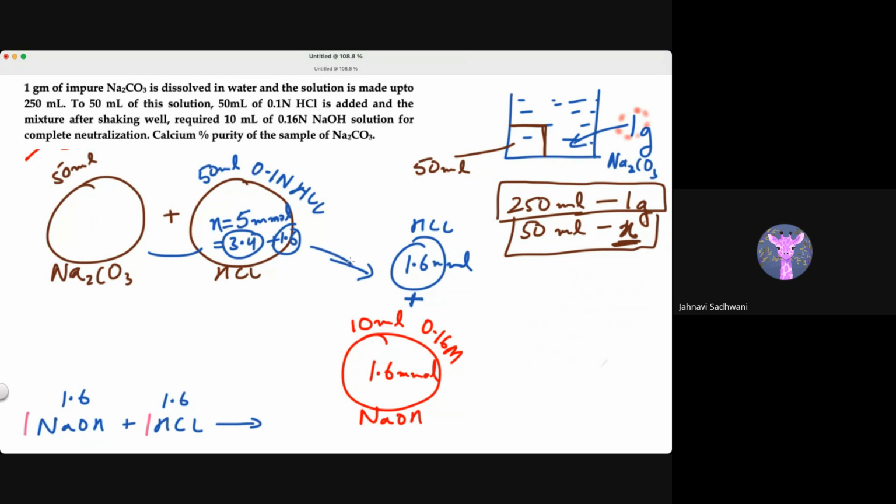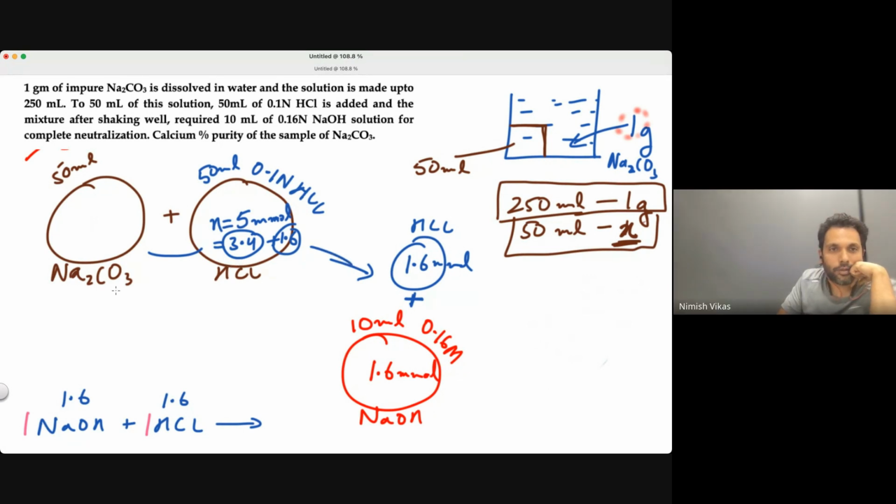So now I'm going to write that reaction. What is that reaction? Na2CO3 plus HCl is going to give something. I'm going to balance it. I hope you know what that something is: H2CO3, which you can write as H2O plus CO2, and NaCl.